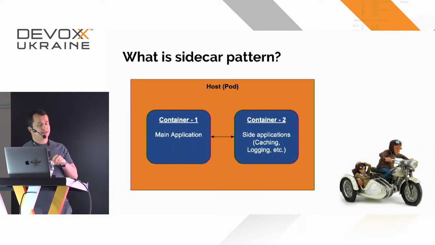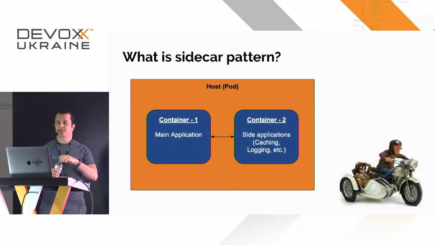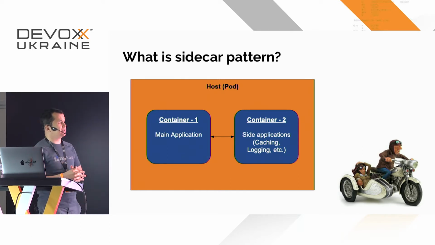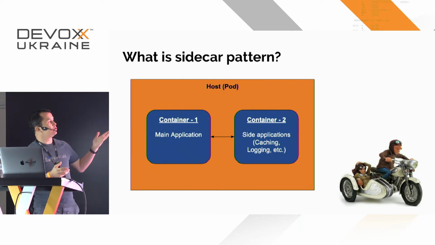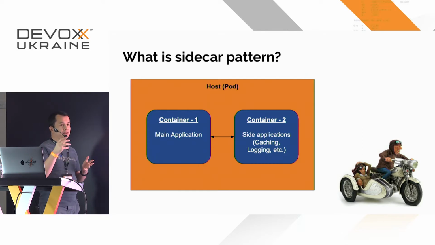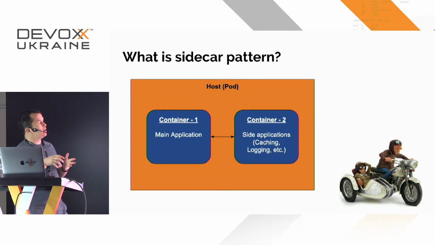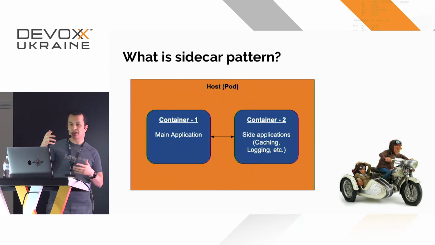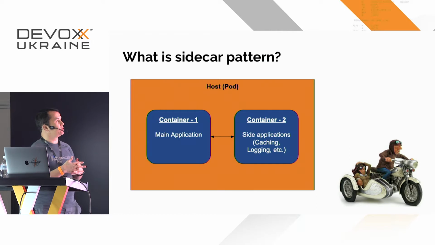Actually, the sidecar pattern can be used in different environments, but when we think about cloud native applications, it's mostly used in Kubernetes pods, because since we can provide multiple containers in Kubernetes pods, you can use the sidecar pattern when you are developing your microservices.